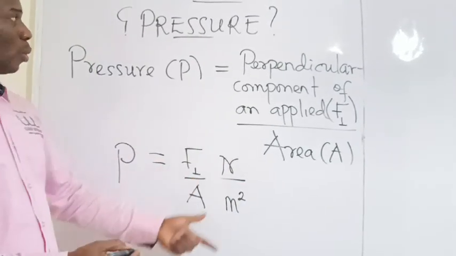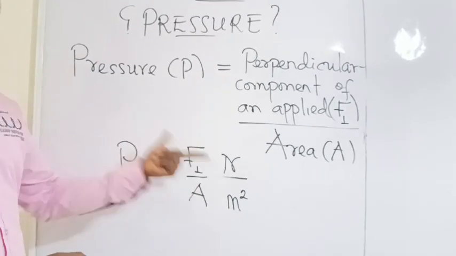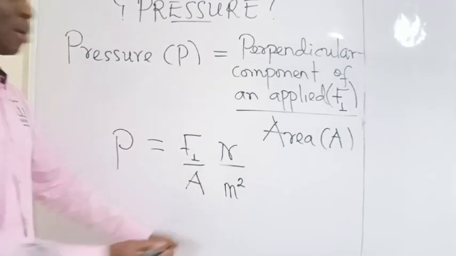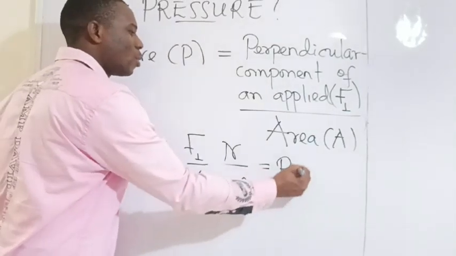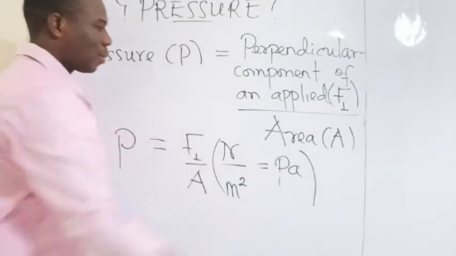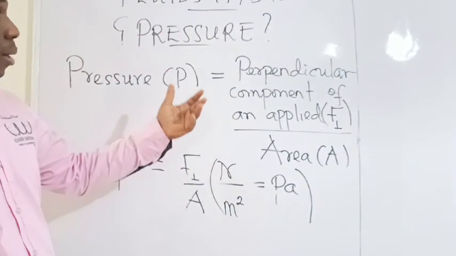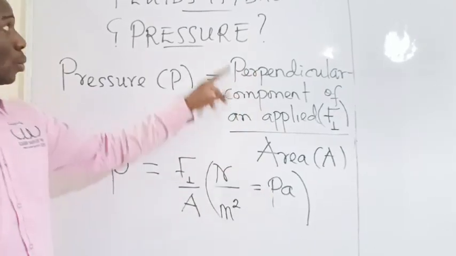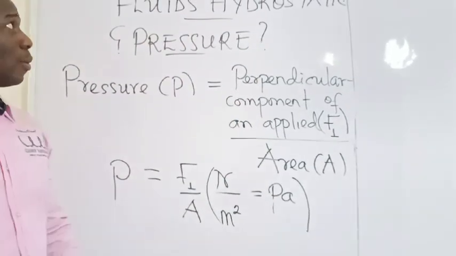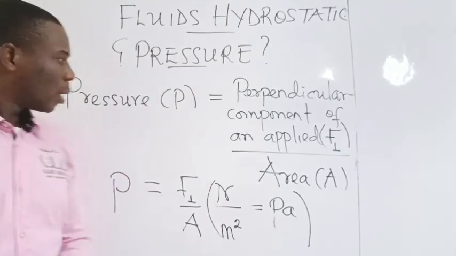So, no one would, for now, represent the unit of pressure officially as Newton per square meter, but rather it is said to be in Pascal. So Pascal is actually a French mathematician who contributed a whole lot to this concept of fluids and hydrostatic, particularly pressure.